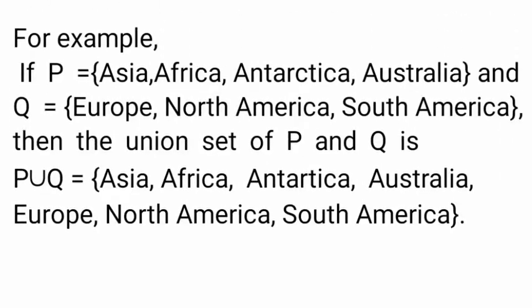For example, P equal to Asia, Africa, Antarctica, Australia, and Q equal to Europe, North America, South America. Then the union set of P and Q is P union Q. Write both elements of P and Q. Asia, Africa, Antarctica, Australia in set P. Then second one, set Q equal to Europe, North America, South America, that is P union Q. Union means join the two sets.